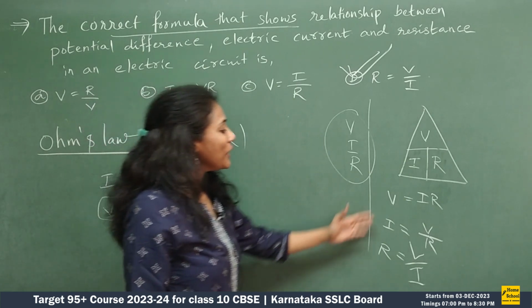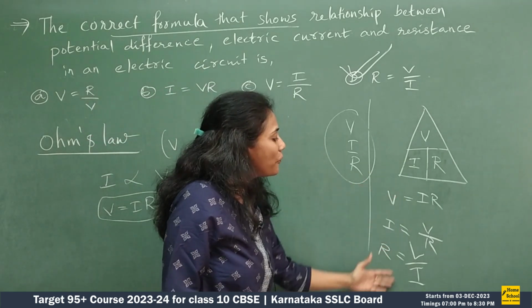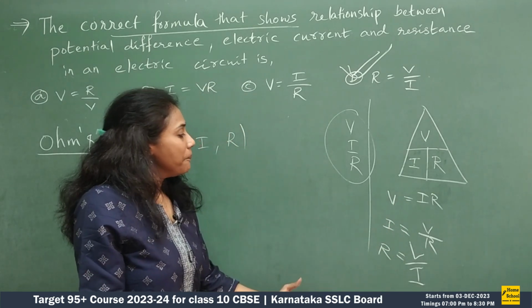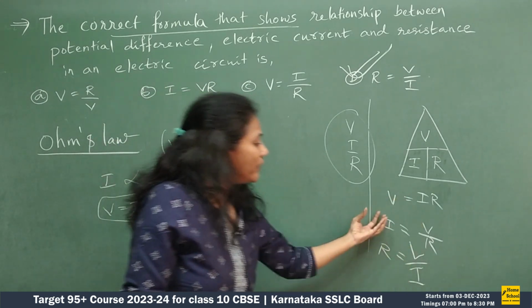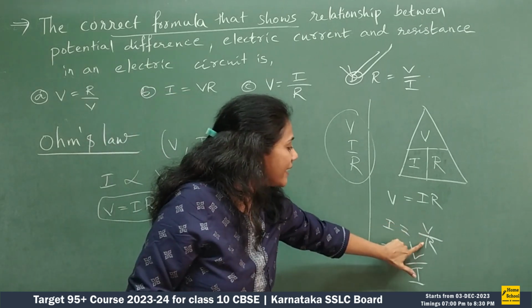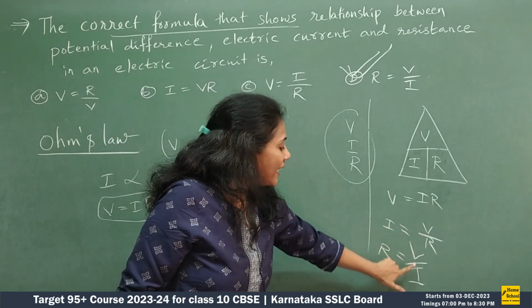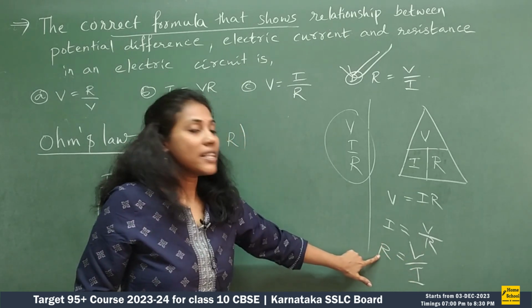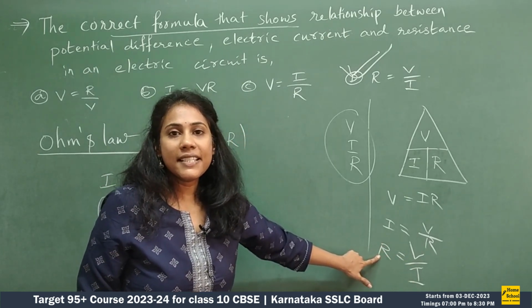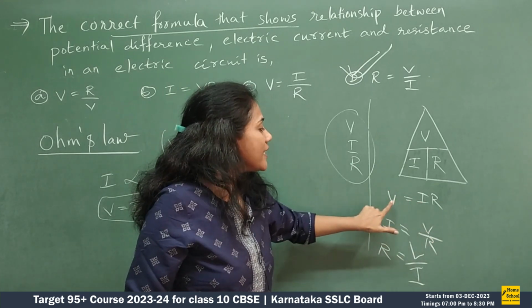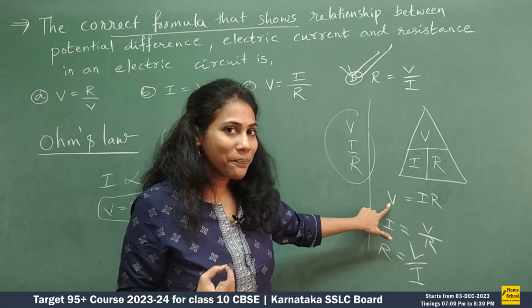So if you want to remember the different forms of Ohm's law, these are the different formulas of Ohm's law. Depending on the given quantity you will calculate. If V and R are given, you will use this formula to calculate current. If V and I are given, you will use this formula to calculate resistance. If I and R are given, you will use this formula to calculate voltage, right?